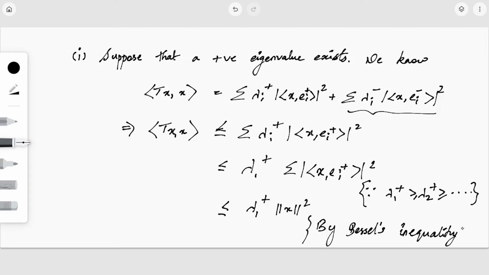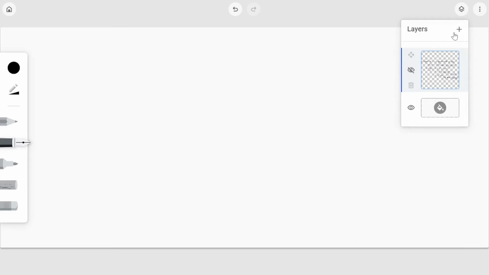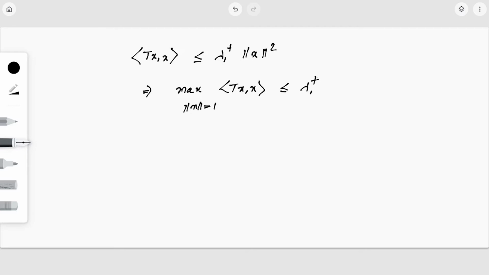We are considering the case when norm x equals 1, because we need the maximum value of ⟨Tx, x⟩. So I have obtained ⟨Tx, x⟩ is less than or equal to λ₁⁺ into norm x square. So this implies the maximum over norm x equal to 1 of ⟨Tx, x⟩ will be less than or equal to λ₁⁺, right?